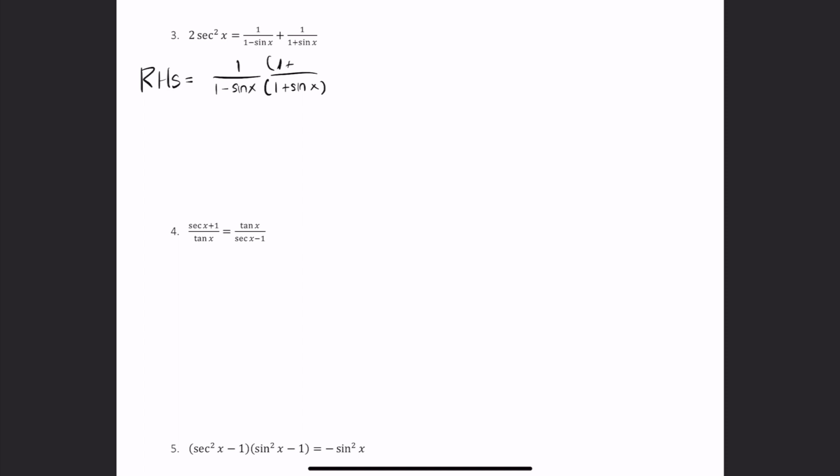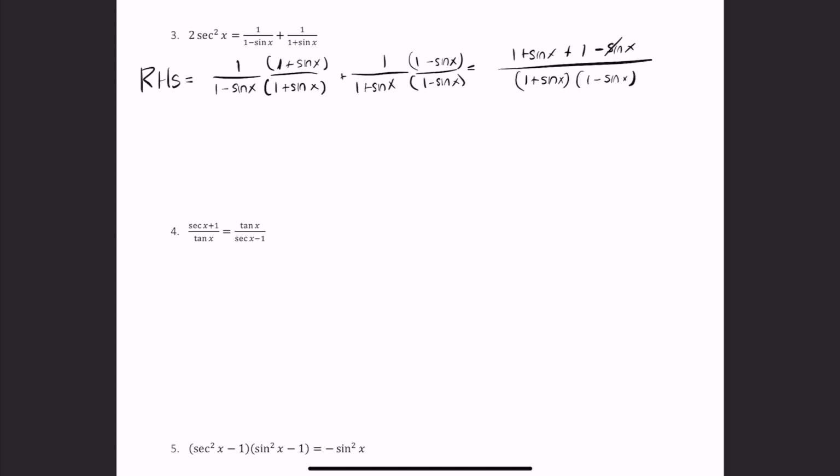So 1 plus sine x, and then we're going to multiply also by the denominator down here. Okay, now that we have common denominators, we can add these two together. These will cancel, and we add these two ones together.